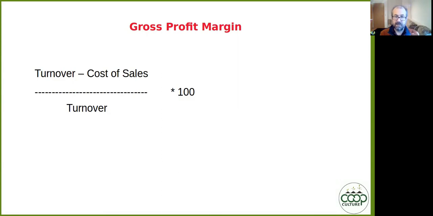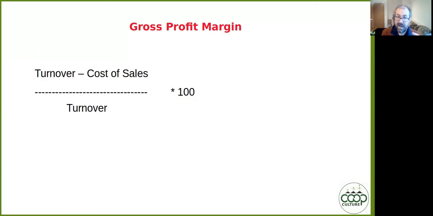What that means is that the gross profit margin is limited in what it can tell us, which is in itself a good thing, because then when we have problems with the profit margin, we know what areas of our business we should be looking at, because it can only tell us about a small number of things. It can't tell us about our overheads. That's not in there. It can't tell us about the volume of sales, because the gross profit margin will be the same no matter what the volume of sales is.